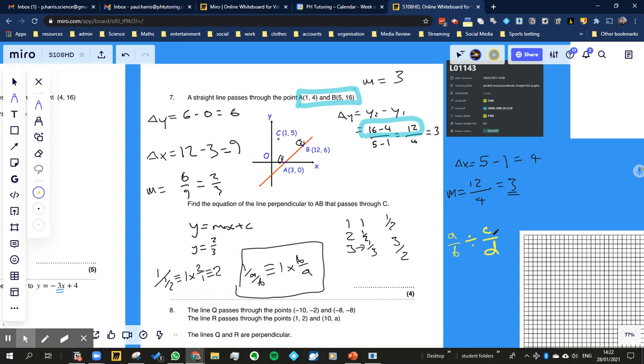Basically, a over b divided by c over d is identical, we can do three parallel lines, which means identical, to a over b times d over c. It just so happens that's the case. Now I can prove it in a moment, but now we've got that, it's a lot easier, because that's just going to be equal to ad over bc.